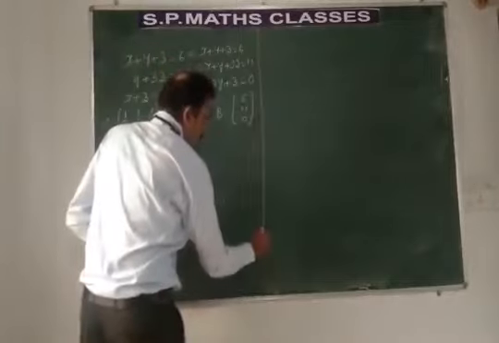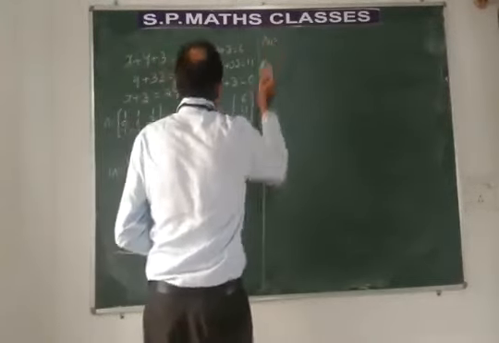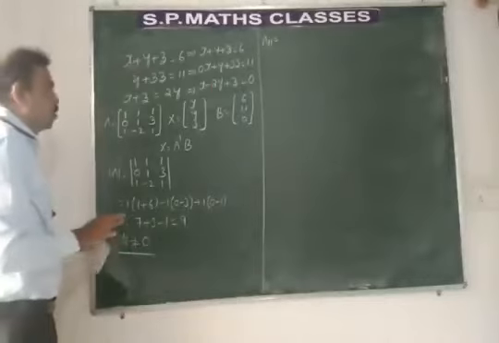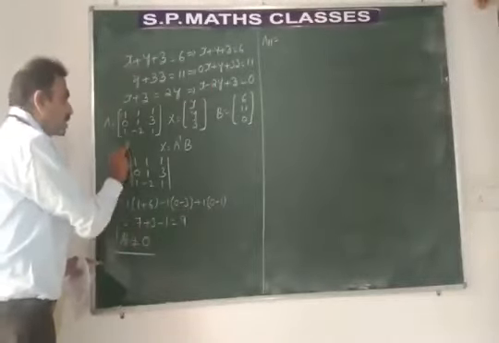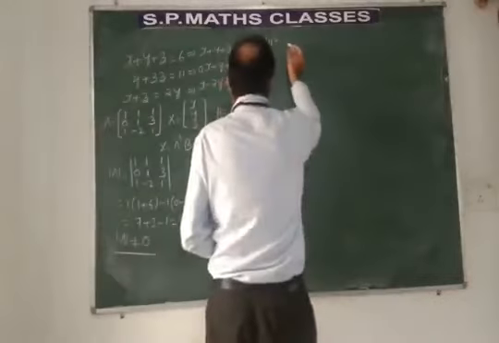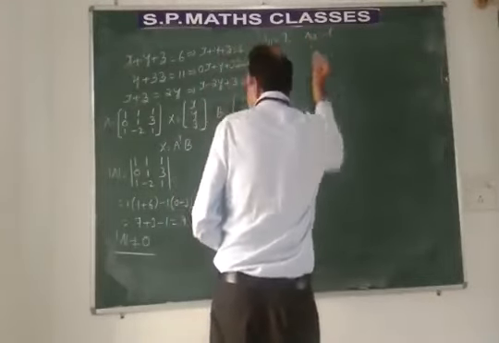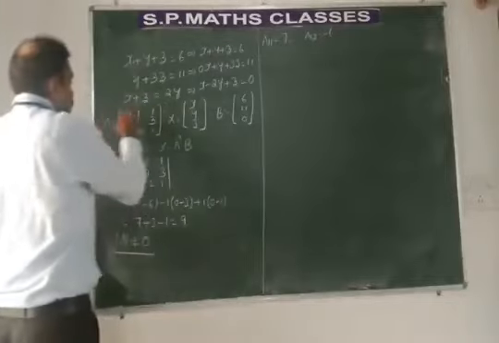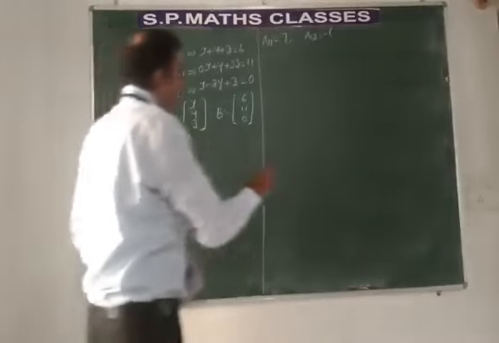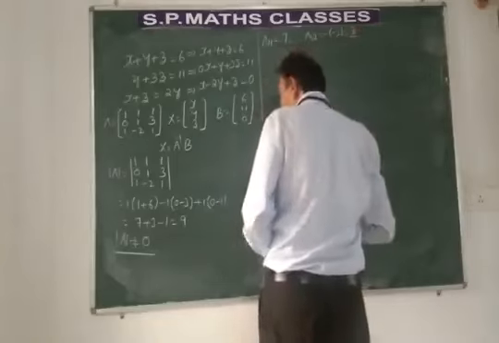Now we find out the adjoint here. A11, so you want cofactor of 1, leave the row and column, 1 plus 6, that's equal to 7. A12, it's minus, leave the row and column, 0 minus 3, it is minus of minus, you get plus 3.